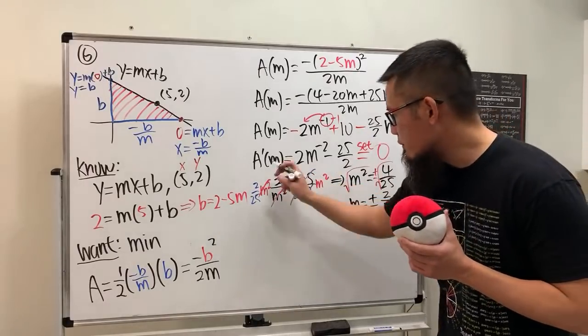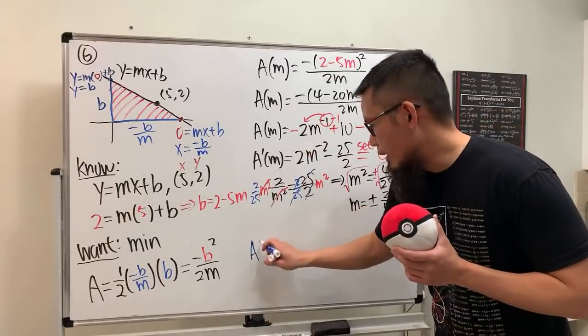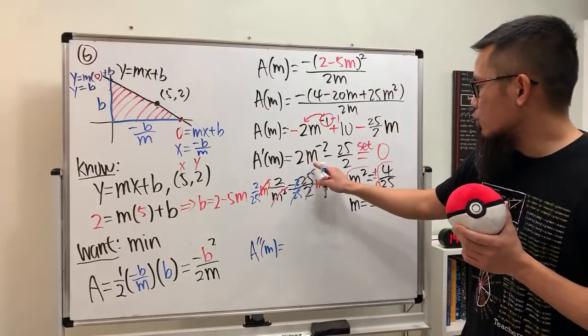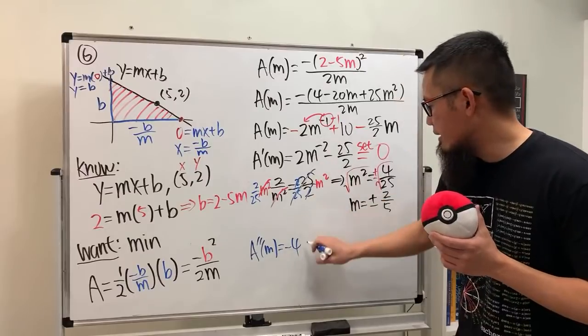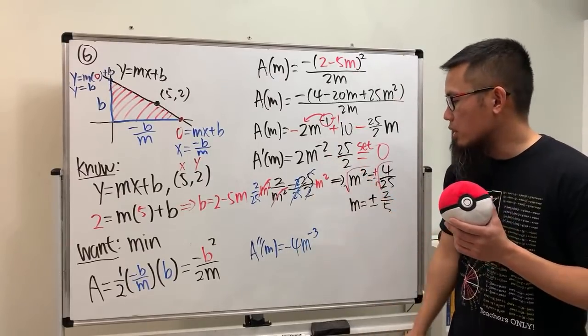So second derivative, I'll put that down in blue. So a double prime of m equals the derivative of this guy, just negative 4 and then m to the negative 3. The derivative of this is 0. That's good.